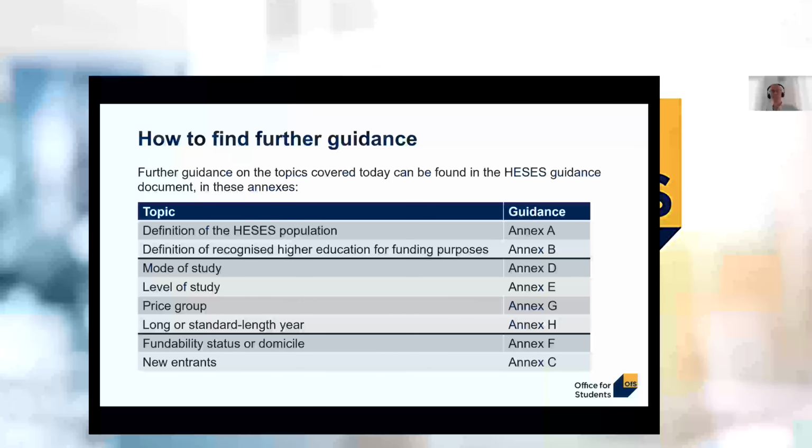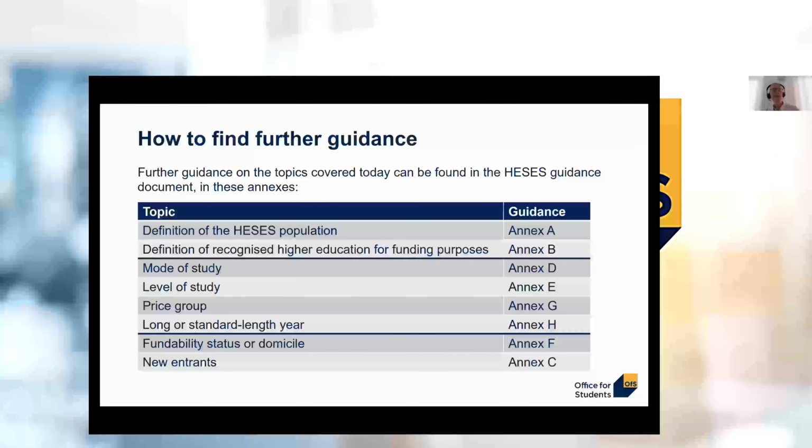So as I say, to wrap up, this slide lists the annexes that we've referred to during the presentation. So Annex A and B very much go together. That's the definition of the HESES population and the definition of recognised higher education for funding purposes.